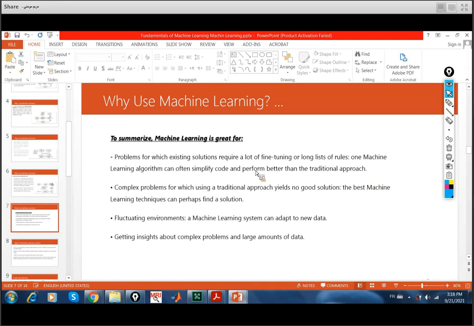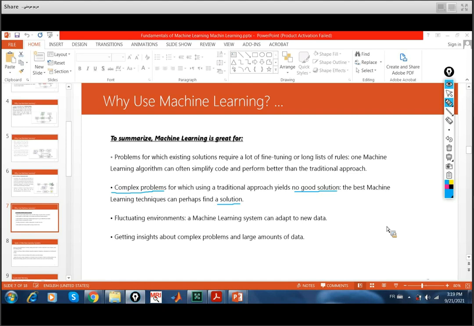We also know complex problems for which a traditional approach yields no good solution, because they are complex problems. But the best machine learning techniques can perhaps find a solution, because in machine learning our algorithm automatically sees the data.